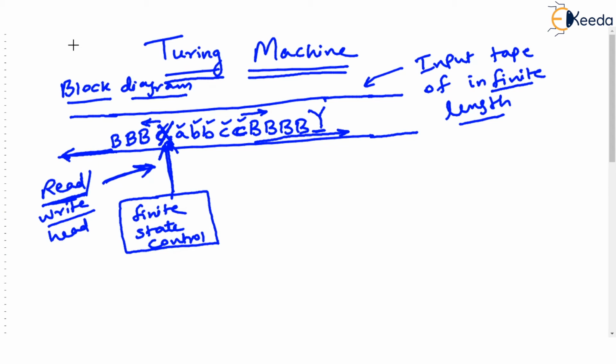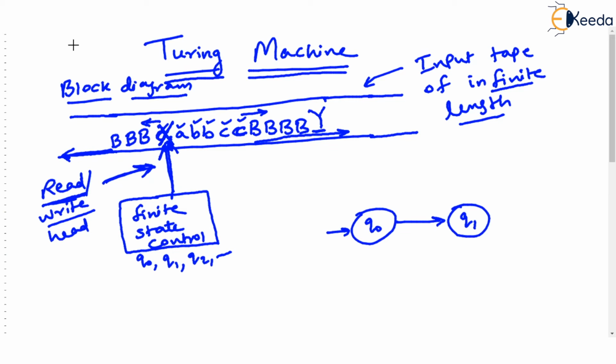Further, the Turing machine has a finite state control. Recall, any machine has states like Q0, Q1, Q2, and so on. Like PDA had an initial state Q0 or DFA had an initial state Q0. Then we had transitions to other states, and some of the states were final states.